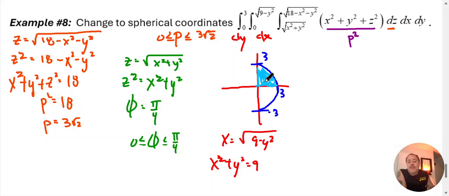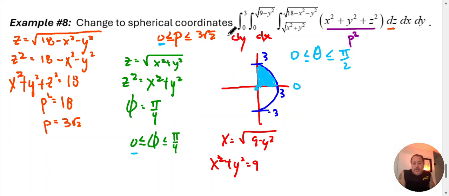That is what gives us our theta, so theta is going to be from 0 to pi over 2. And by the way, we're starting here in the center, which is why we have 0 for rho and for phi.